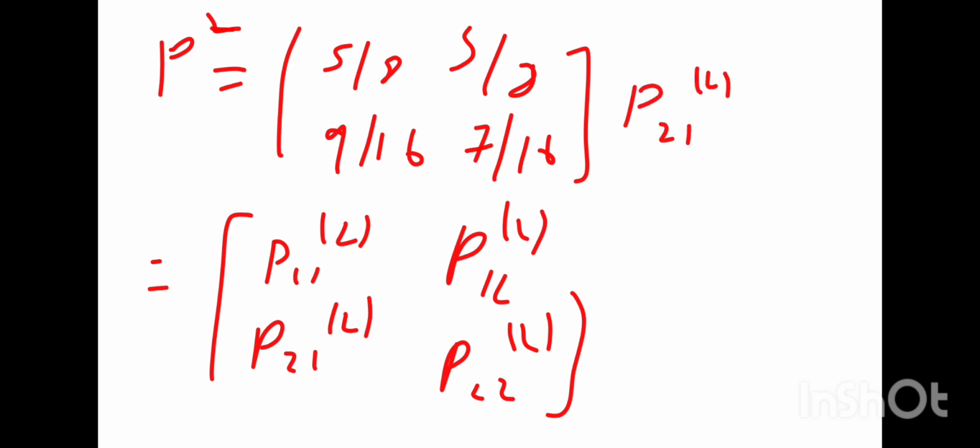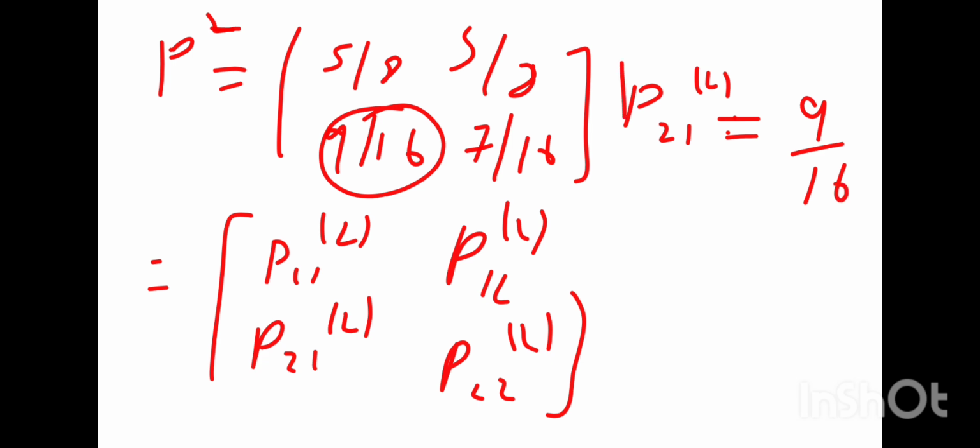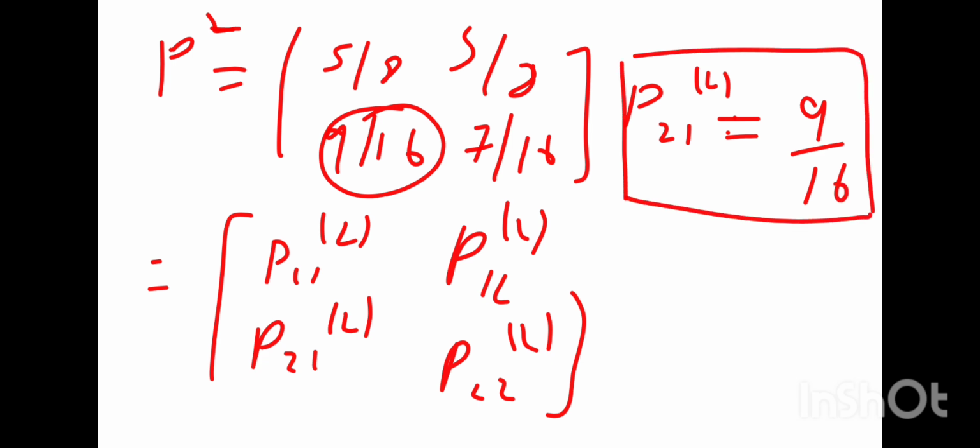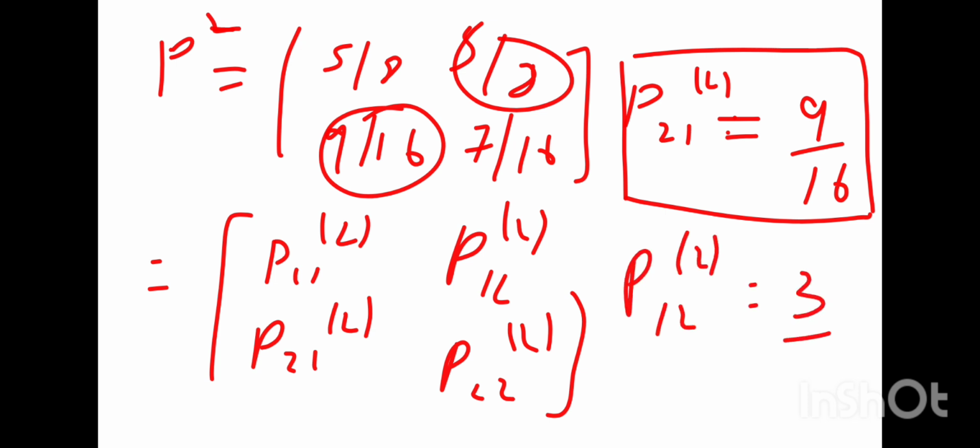P21 of 2 is equal to 9/16. This is the answer for the A sub question. For the B sub question, P12 of 2 is nothing but 3/8. P12 of 2 is equal to 3/8. This is the answer for the B sub question.